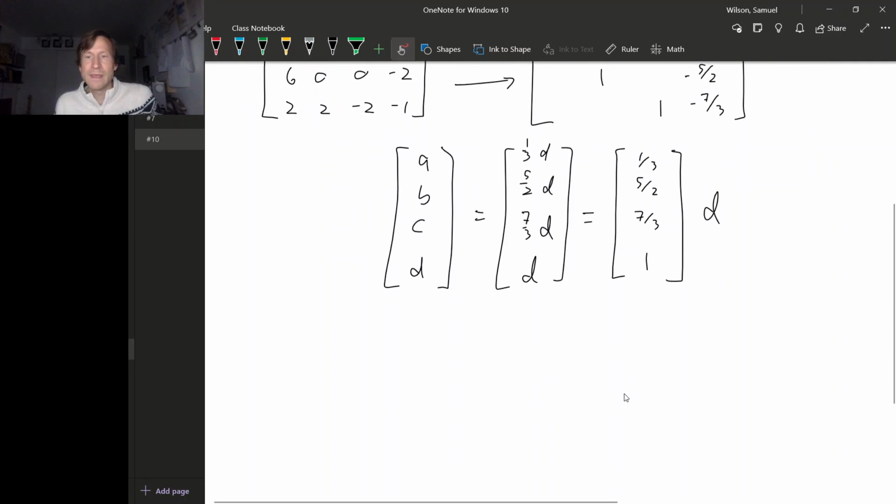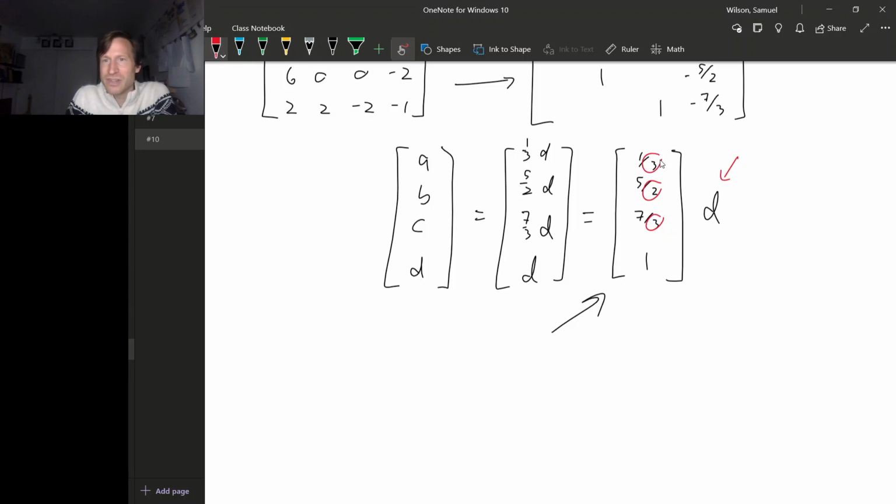Now, since this is representing numbers of molecules in a chemical reaction, the number of each molecule has to be an integer. So we need to choose a solution that is as small as possible, but also all integers. So we just need to plug in a value for D that gets rid of all of these denominators. We need to choose the least common denominator of these fractions, which is 6.